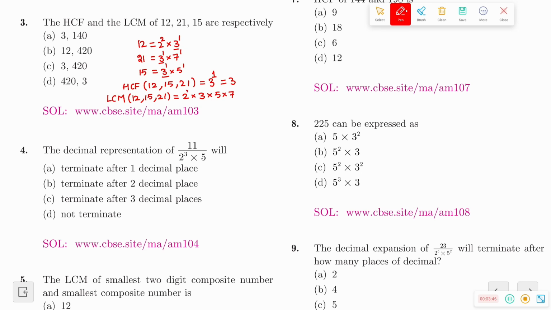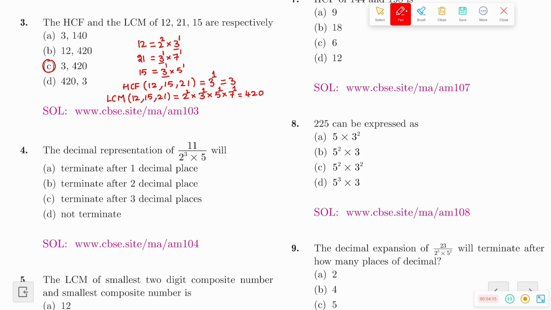The highest power of 2 is 2 and all the remaining highest powers are 1. So 2 power 2 is 4, 4 into 3 is 12, 12 into 5 is 60, 60 into 7 is 420. So LCM is 420 and HCF is 3. They are asking HCF and LCM, so the result will be 3, 420. Option C is correct.